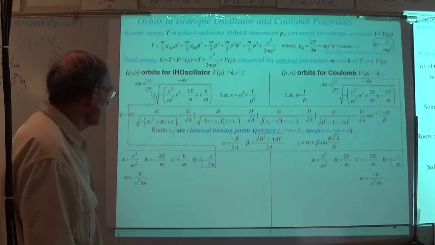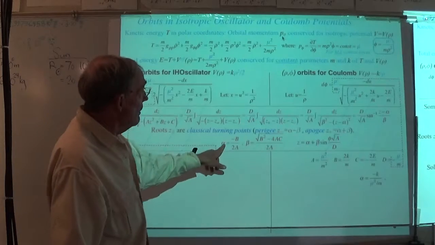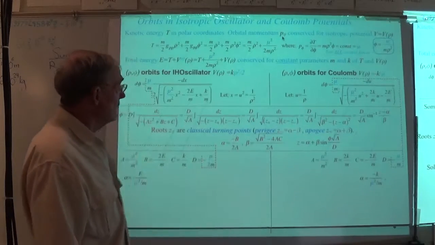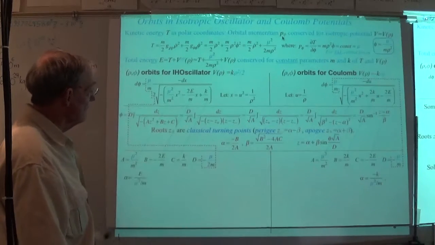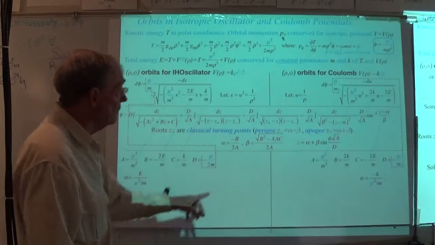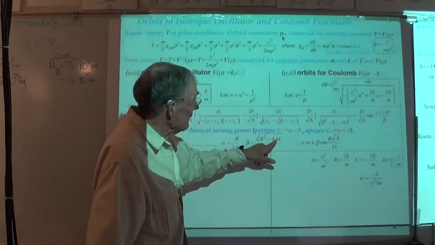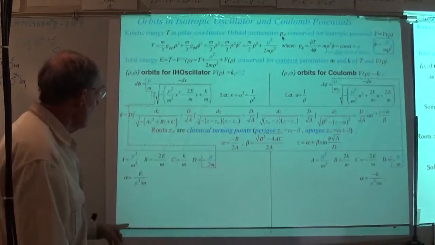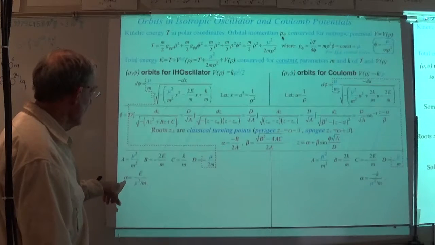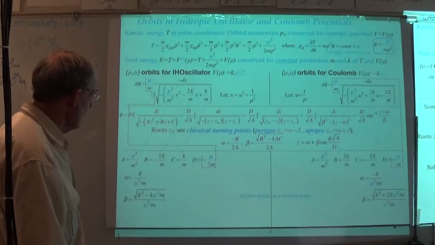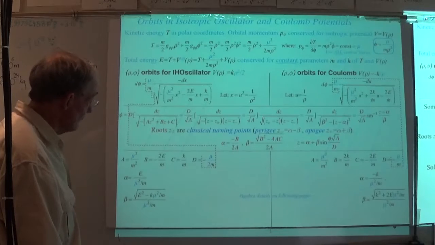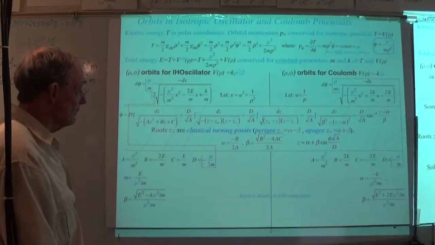So now we can evaluate the alpha, which needs to know A, B, and C to get that one. But this one right here, pretty easy. Okay, there's the alpha and the beta in terms of actual physical variables.